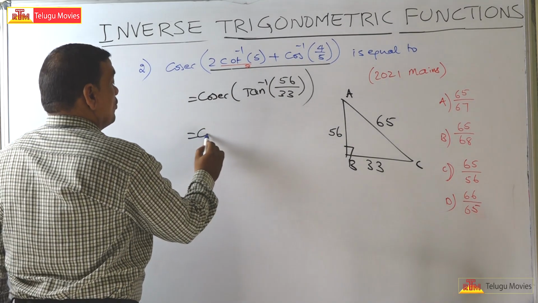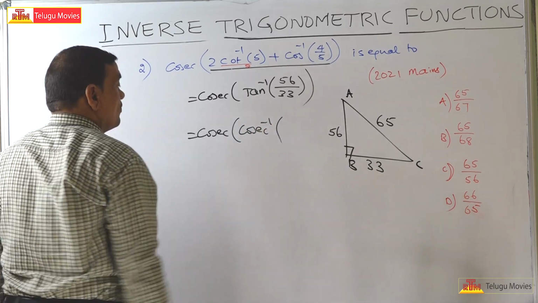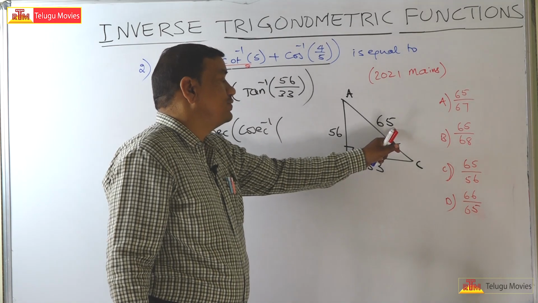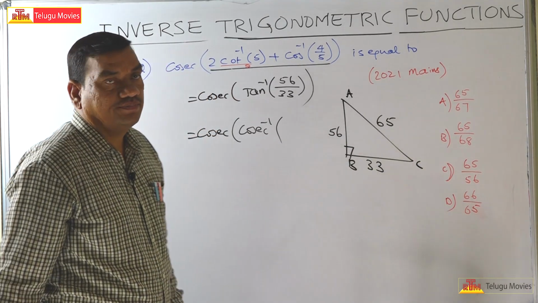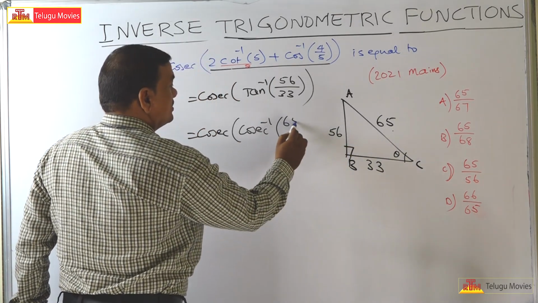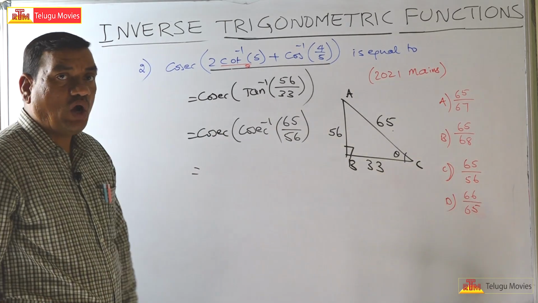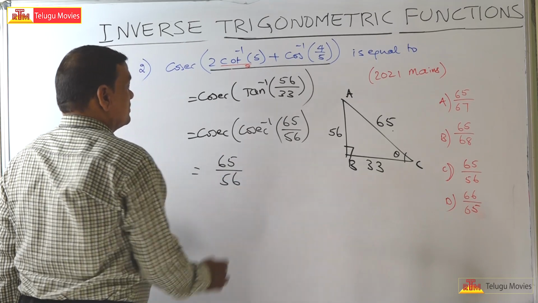So, this is equal to cosecant of cosecant inverse of, tell me what is the definition of cosecant inverse? Hypotenuse by opposite side. If you take theta, hypotenuse by, that is 65 by opposite side 56. Cosecant of cosecant inverse is equal to 65 by 56.